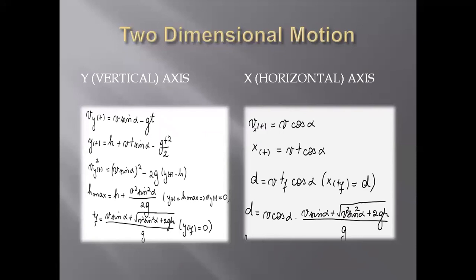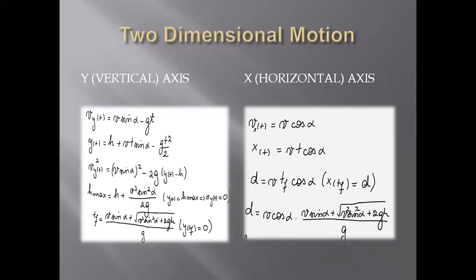Now we said we're also interested in the time of flight, and we'll consider that the motion stops when the body reaches the x-axis. When that happens, the y-coordinate will be 0, as is always the case for orthogonal coordinate systems.